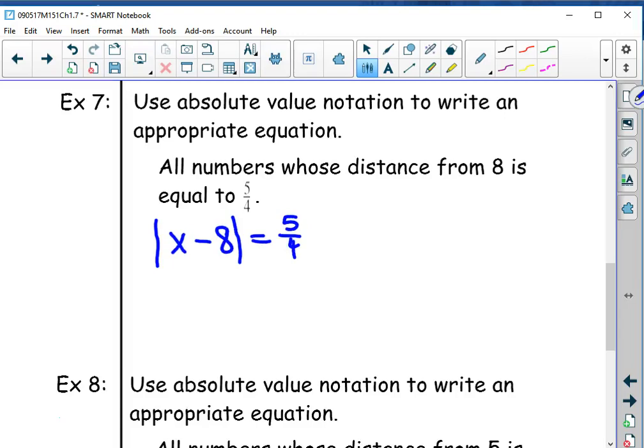All we have to do is solve this equation, and we'll solve it by writing the two equivalent equations. And I'll put that over here just so I have more room. X minus 8 equals 5/4, and x minus 8 equals negative 5/4. Okay, 4 times 8 is 32.